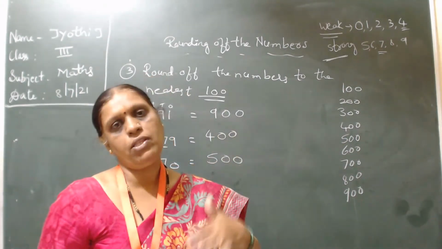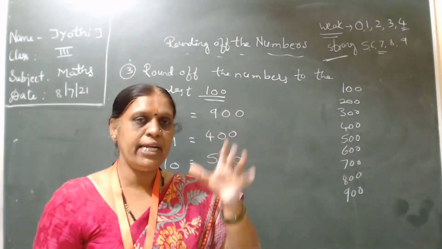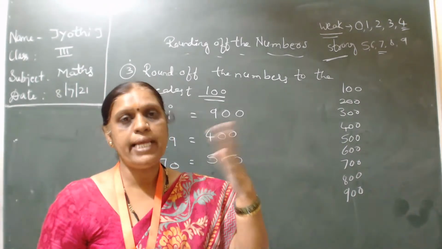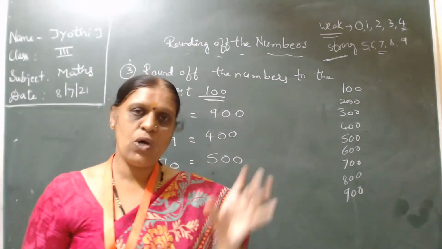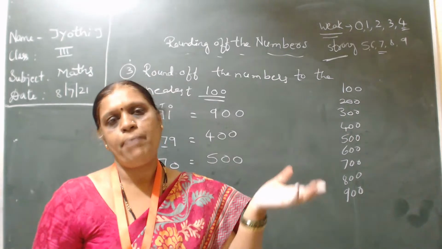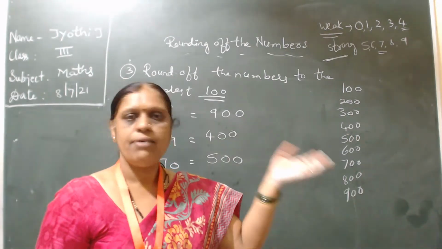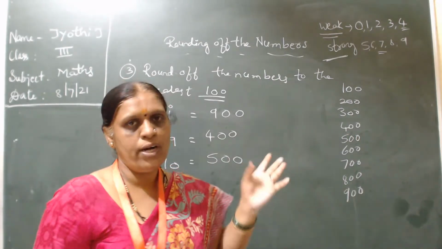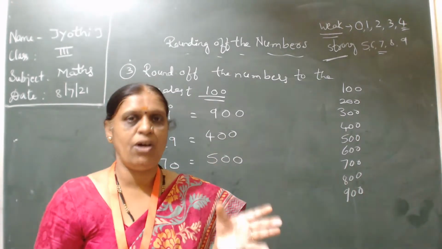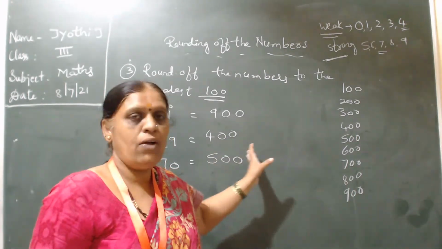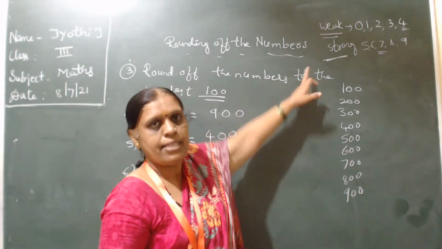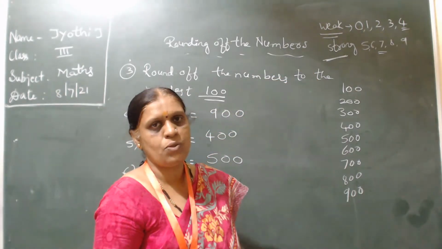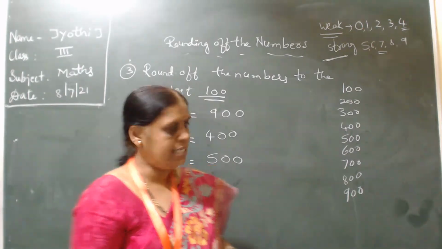Like this we have a pre-plan. According to that pre-plan, we get a rough idea about the journey. So according to that, we can plan for the place. So this is called estimation of numbers. First we understand the numbers, then we can change the numbers into tens and hundreds.